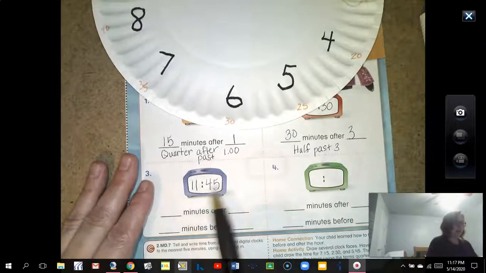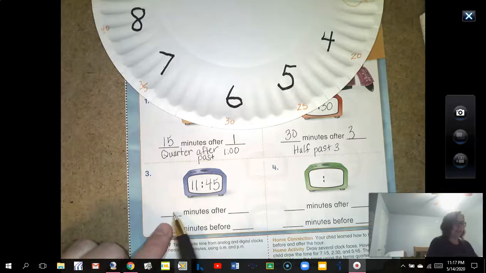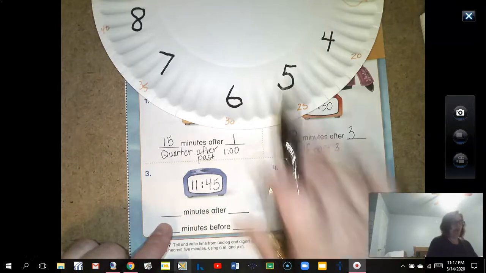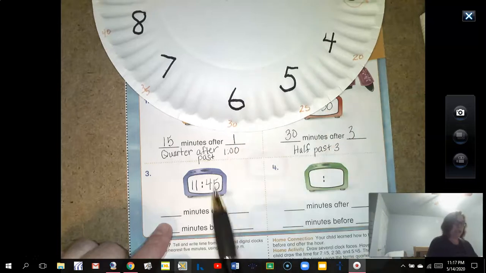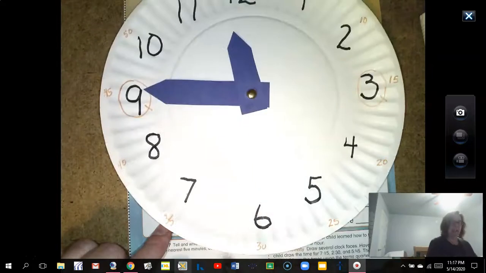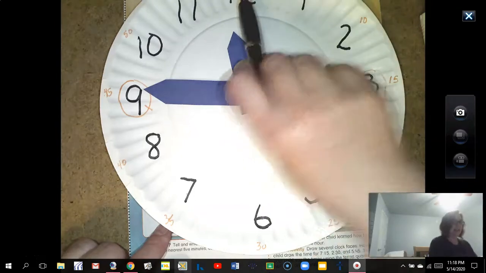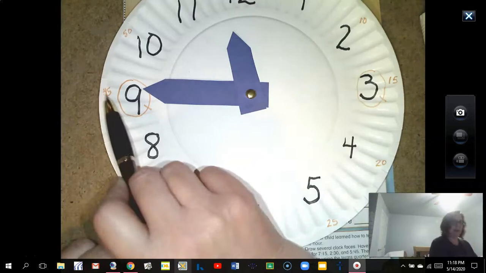So now, 11:45, it says blank minutes after blank. Well, we can look here, and we can also look here. Where's the minute hand? How many minutes have gone by? Okay, it started here and it went all the way around. How many minutes?